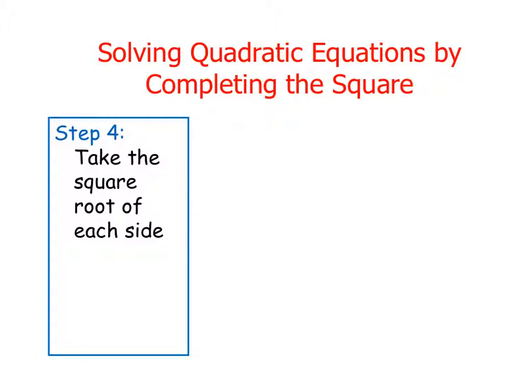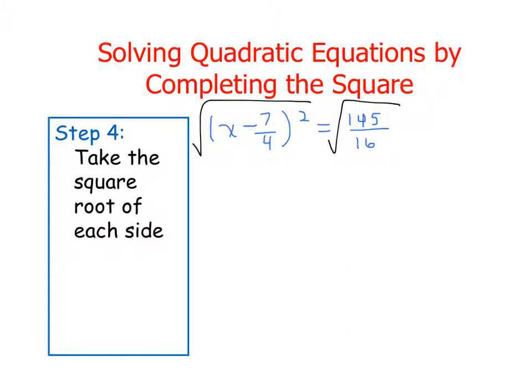Now our next move is to solve this quadratic by taking the square root of both sides. And so that leaves us with x minus 7/4 equals plus or minus the square root of 145/4.